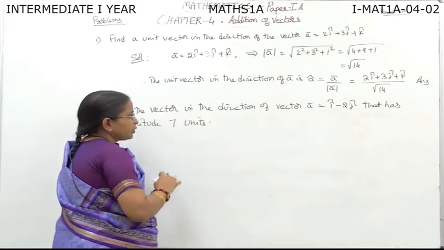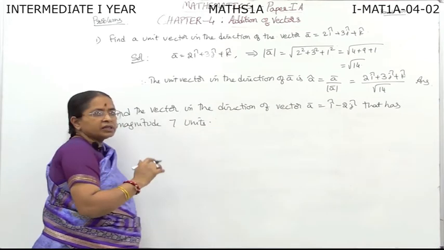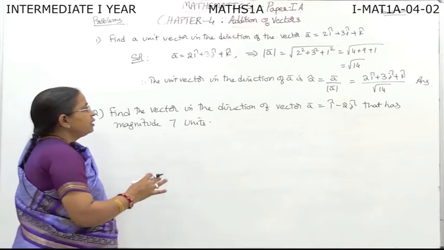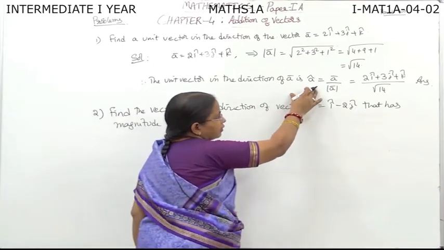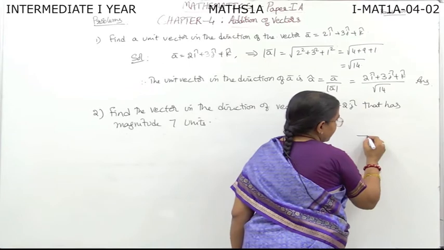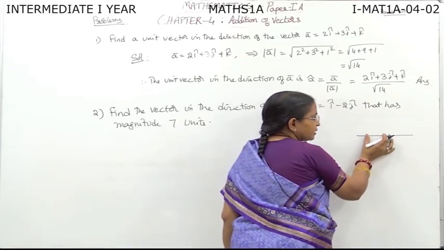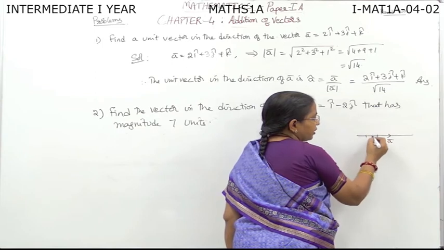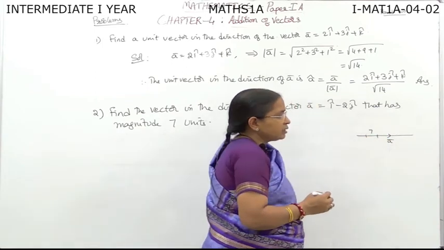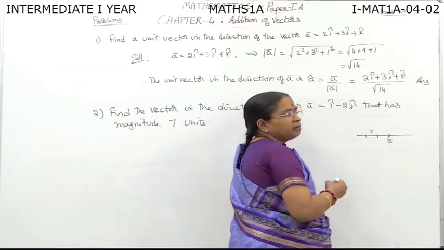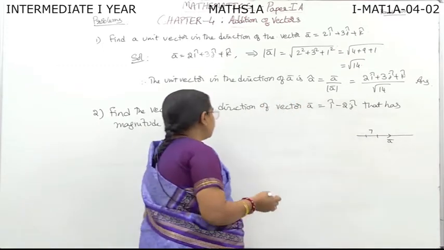So in the direction of A, you must find the vector which has magnitude 7. So what you should do is first find the unit vector in the direction of A. Suppose you have a vector A like this. So you must find a vector in this direction which has magnitude 7 units. So first find the unit vector in this direction and then multiply it by 7. That's all. Then you will get the answer.